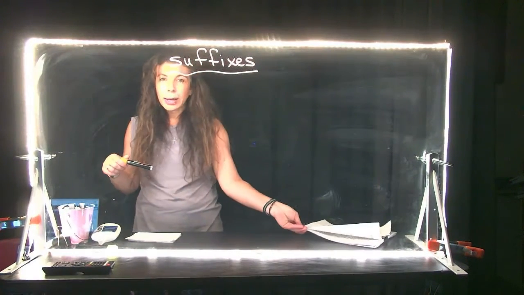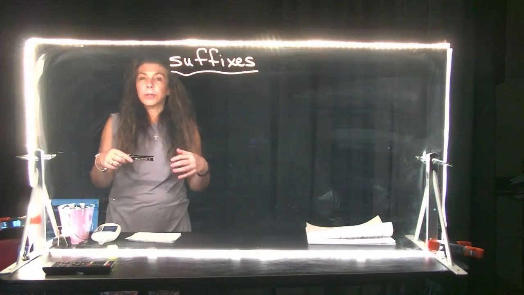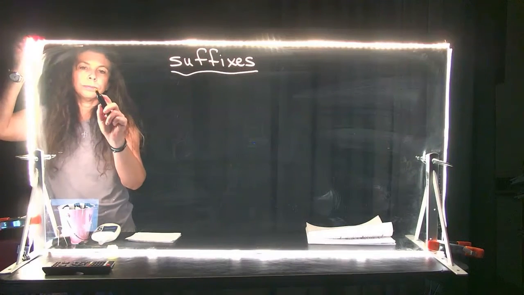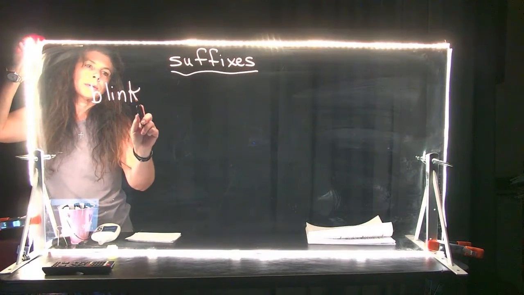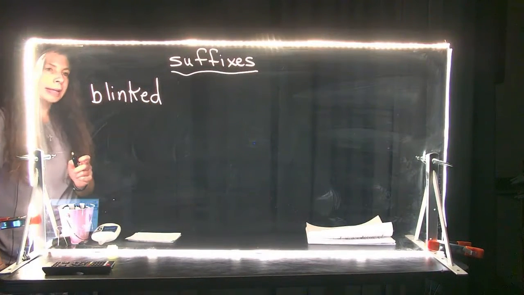So you have a lot of words on your word list for this week. So I'm just going to put a couple down, and I want you, when I write the word, to think about that suffix and what you know about it. Blinked.